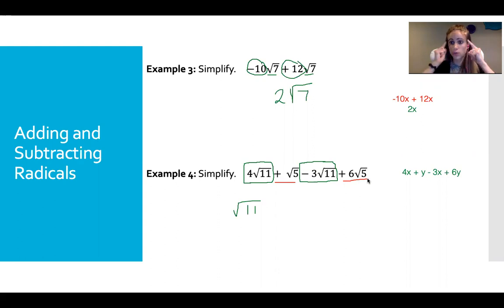Hopefully you remembered that invisible number thing, because if I have the square root of 5 here, that means I have one of them. So there's really an invisible 1. So get rid of that invisible ink if you need to. Put a 1 there in your notepad. So 1 plus 6 is 7.